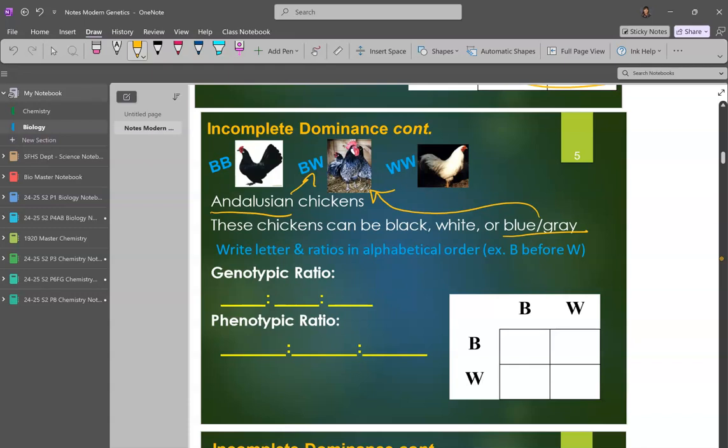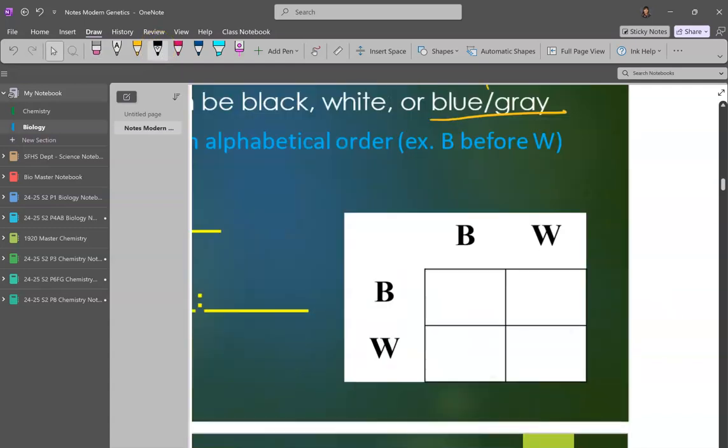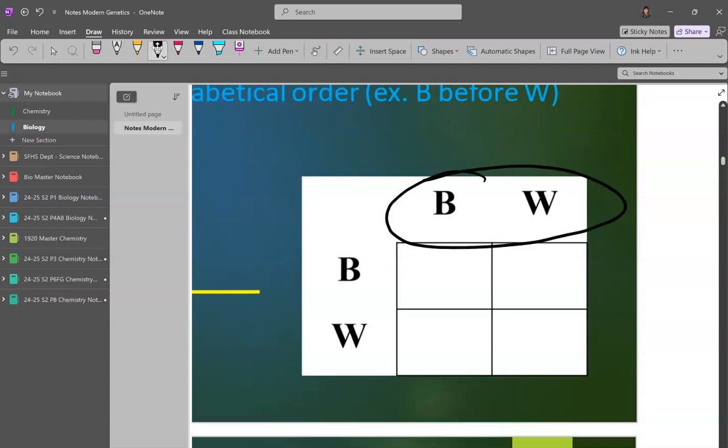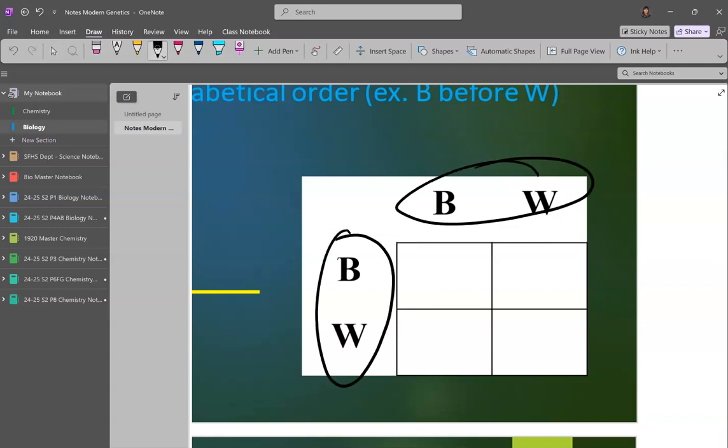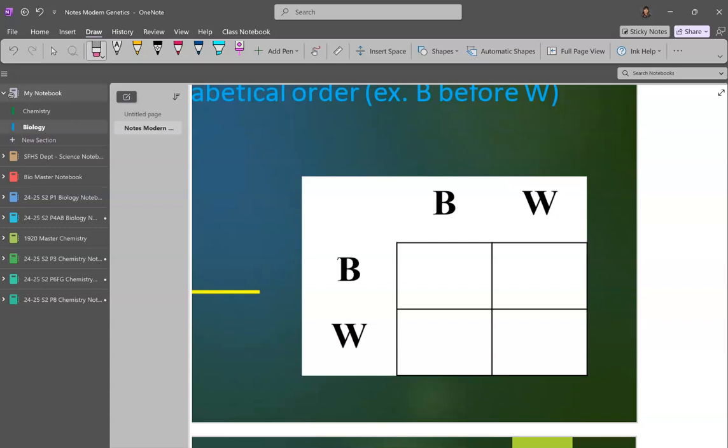So kind of an in-between of the black and the white. So if we have a cross here, let's say we're crossing 2 Andalusian chickens. So we have BW. Again, B is before W in the alphabet. Both of these chickens would be Andalusian, which is that gray bluish color.